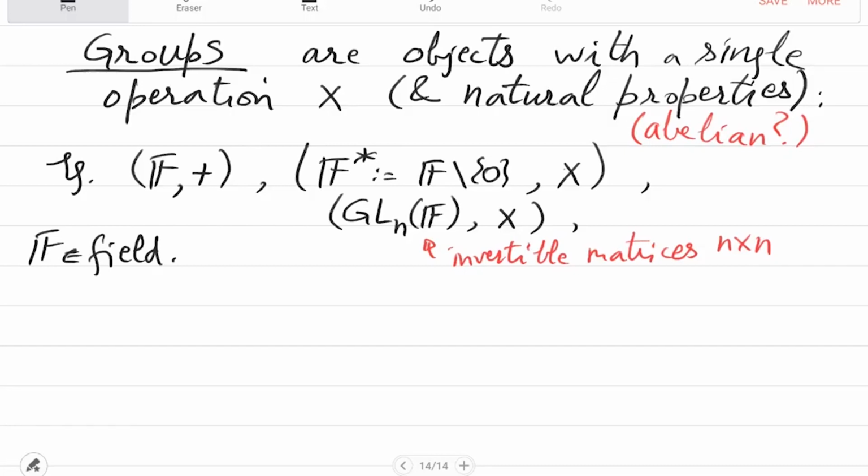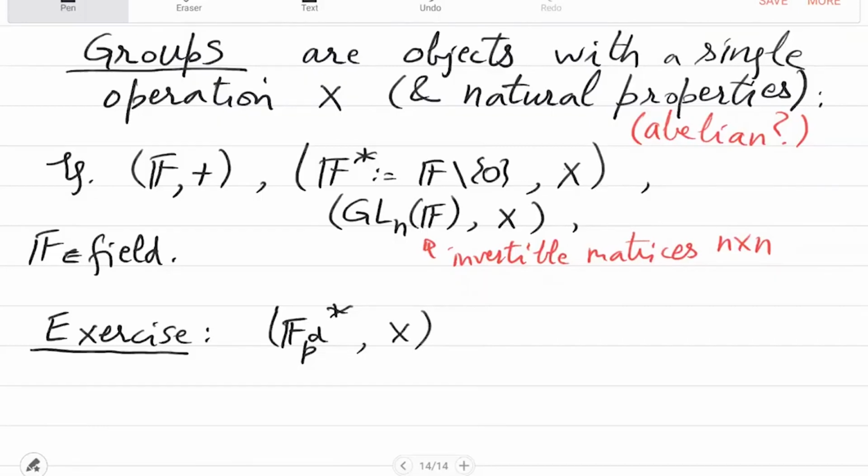Okay, so let me leave this with an exercise, which is a very useful property in this course. What can you say about the finite field F p to the d, star, with the multiplication operation? This is a group, as mentioned before.